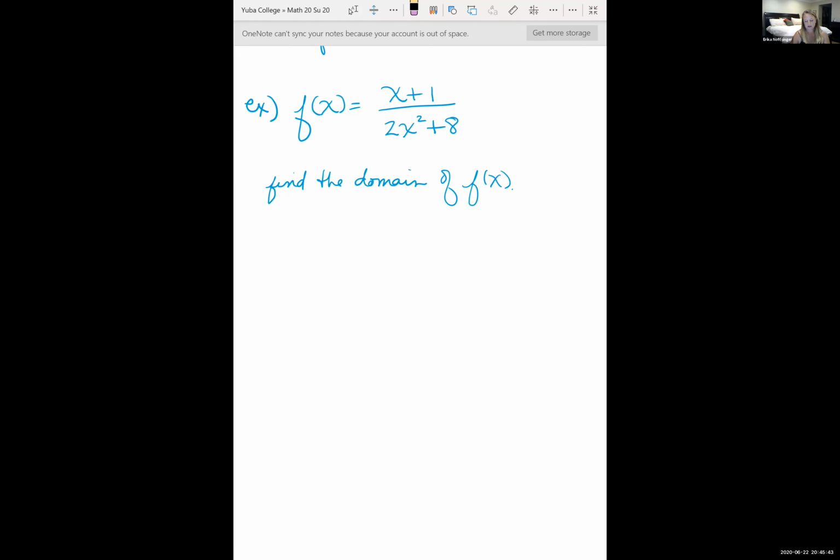Okay, since this is a rational function, and that means I have a variable in the denominator, that's where I might have problems. And so my trouble spot is going to be when my denominator equals 0.